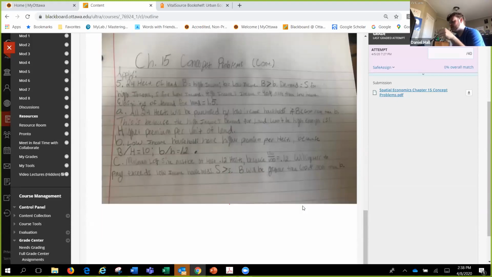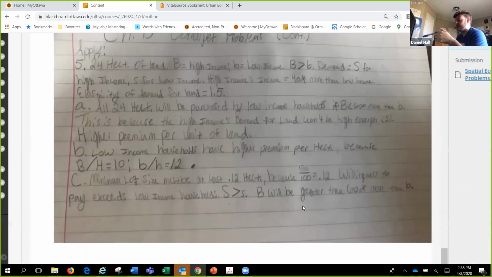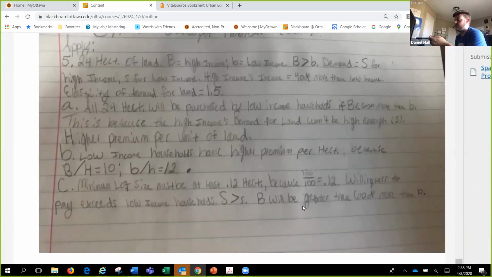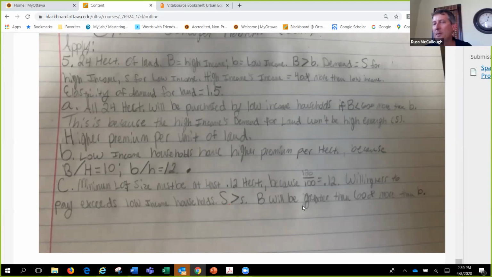So basically, the minimum lot size, like the answer key said, has to be the 0.12. I realized after I submitted it that my math is wrong there. Yes, but based on the last problem, part B, or I think it was part A actually, when we were doing the equation to get the 60%, with 1 minus 0.4 gives us the 0.6, which is where the 60% comes from.